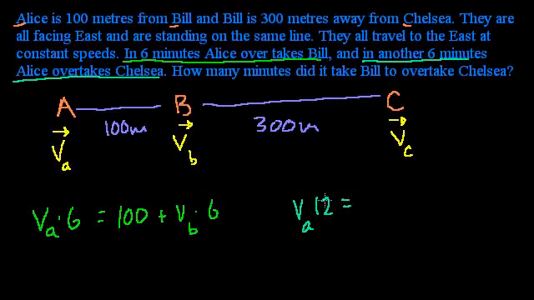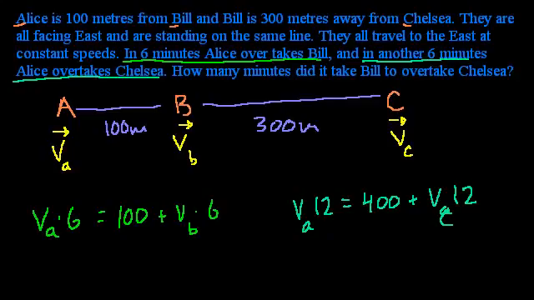So the distance that Alice travels is going to be 400 meters more than the distance that Chelsea travels in 12 minutes. And remember, distance is just equal to rate times time, right? So in 12 minutes, this is how far Chelsea travels. That's a C. And this is how far Alice travels, and she's going to travel 400 meters more. Okay, that's what those two equations tell us.